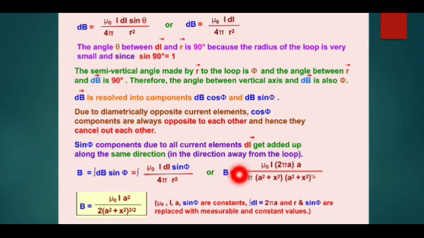If I simplify, B is equal to mu naught I 2 pi a into a, divided by 4 pi, into (a square plus x square) into (a square plus x square) to the power 1 by 2. Simplifying, you will get B equal to mu naught I a square divided by 2 (a square plus x square) whole power 3 by 2.